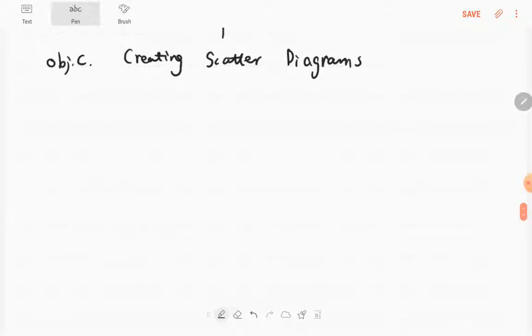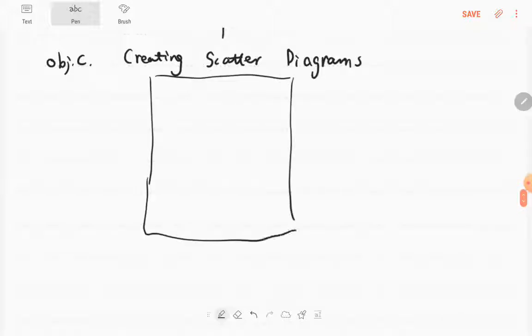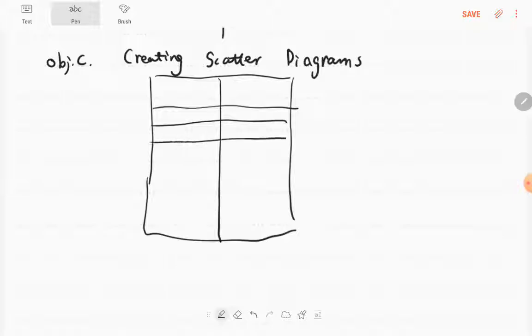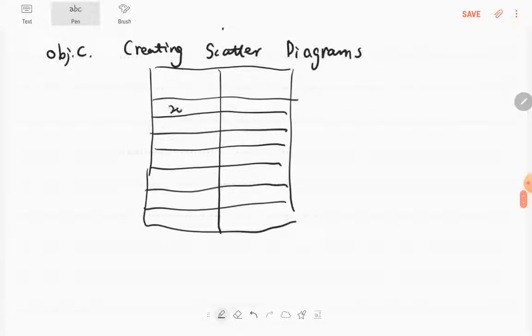For example, we have this table. We want to use the scatter diagram to express the table. So we have 2007, 2008, 2009.